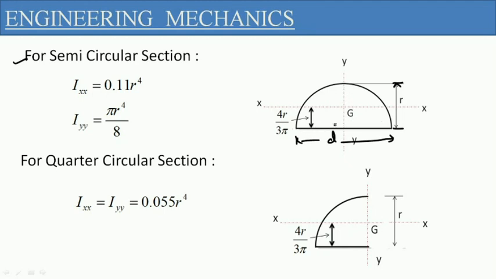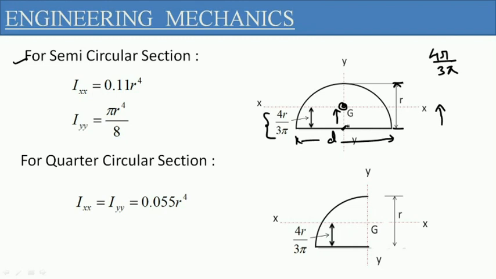And here we need to define the position of this centroid G. This position we generally define in upward direction from the base of the semicircle at distance 4r by 3 pi. So this 4r by 3 pi is representing the exact location of G from the center of the base in upward direction.